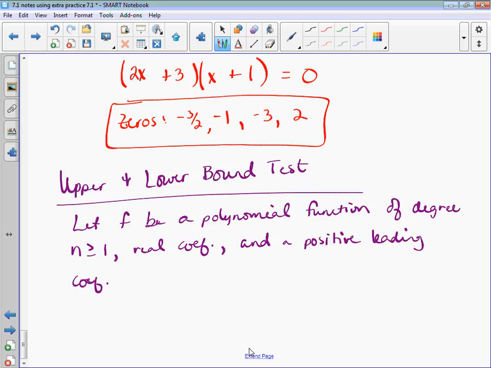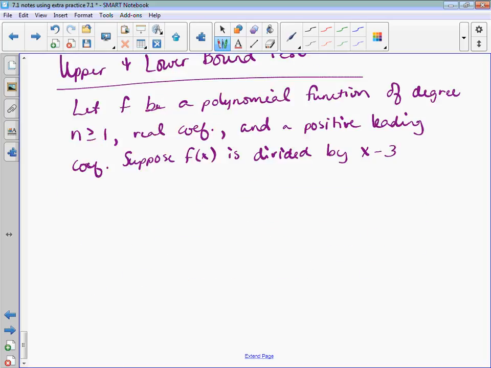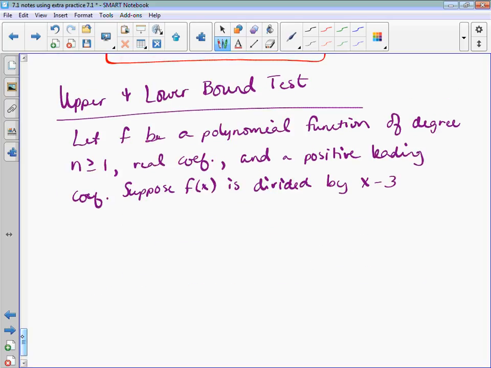Leading coefficient, yes. Suppose f of x is divided by x minus c. And I wrote 3. How about c? There we go. All right.